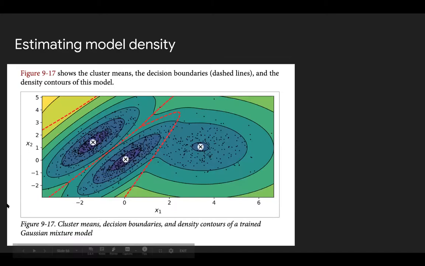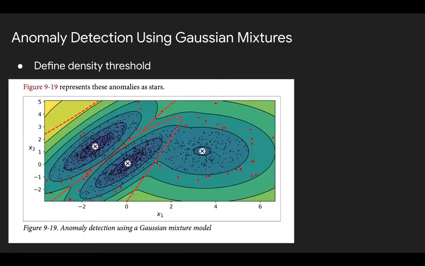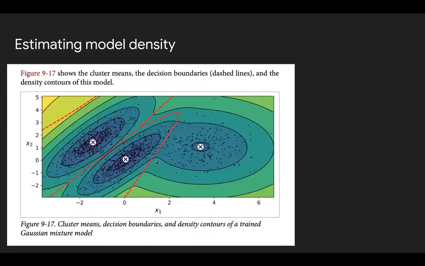If you look at this diagram here, you can see that they are of different colors, and these colors represent the different density contours of the trained Gaussian mixture model. If you look at this example now, you can see that we have different colors, and you can see the cluster mean here. You can see the decision boundary, which is the dashed lines here.